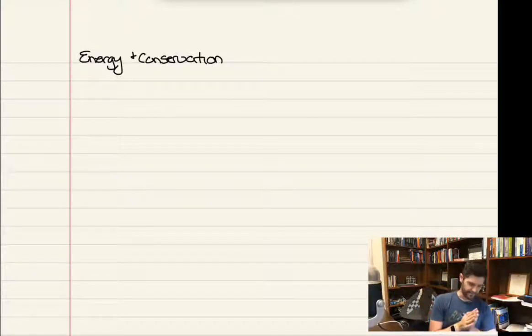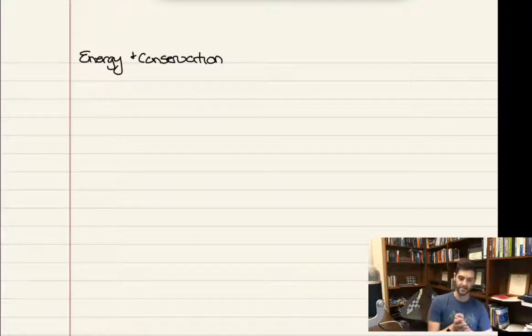Also, in physics, a very broad definition of energy might be something like a quantity of the system that changes when forces make the object move. If forces cause motion, we will learn that changes this thing we're going to call energy.